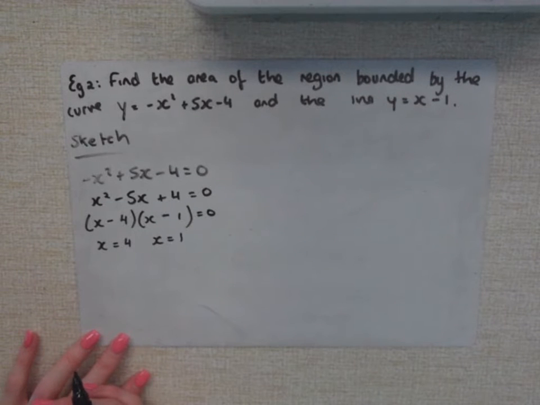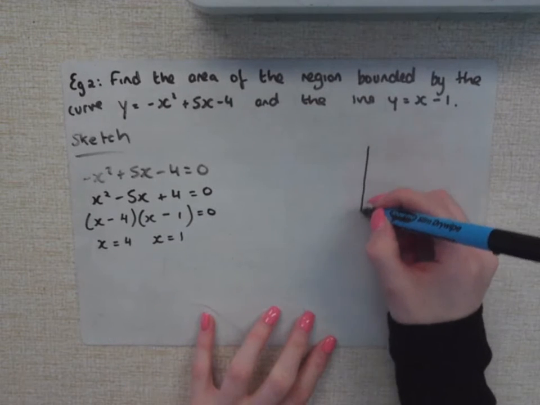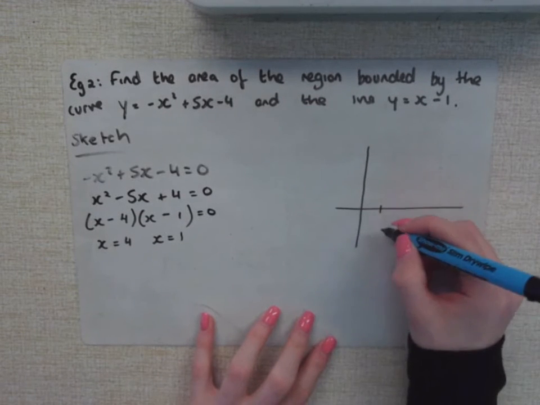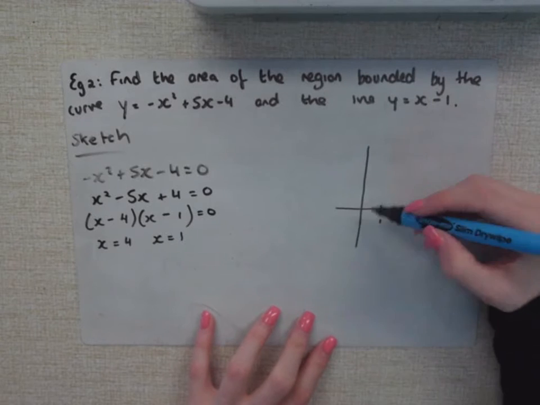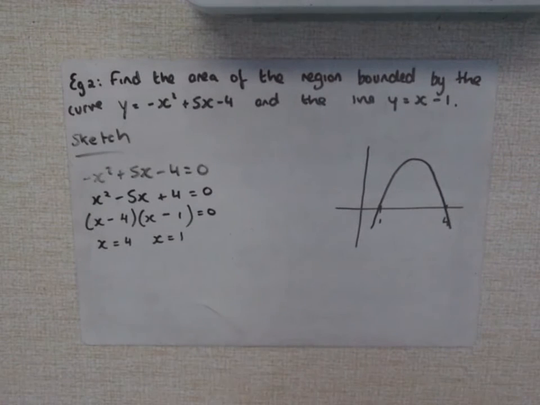So x is 4 and x is 1. Now it's an n-shaped curve, something like that.